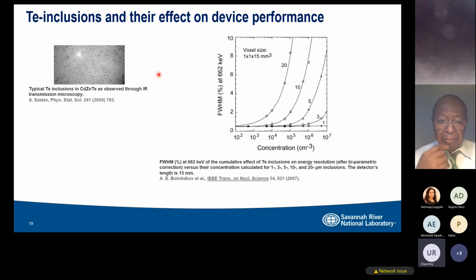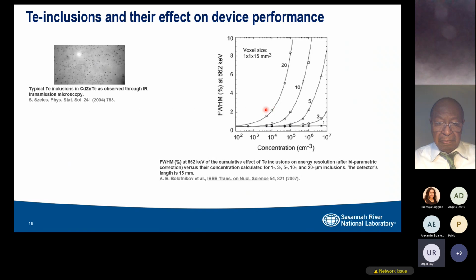And what does it do? They have calculated how much the resolution should be if you have a certain amount of tellurium inclusions of a particular size. For example, if you have 10 to the power 4 per centimeter cube tellurium of size 20 micron, your energy resolution at 662 keV will be more than 2%.